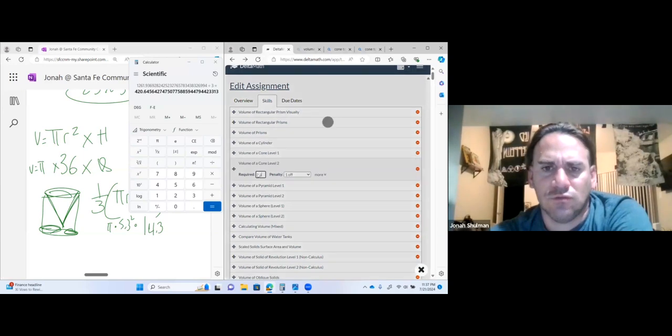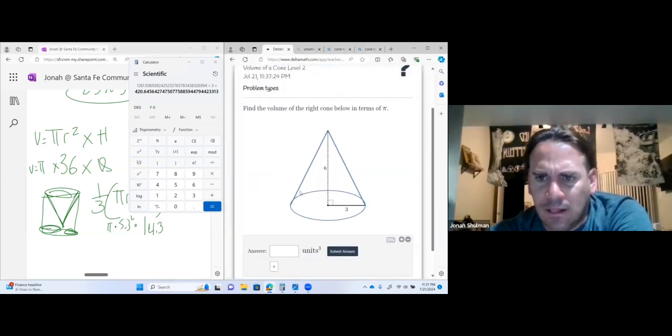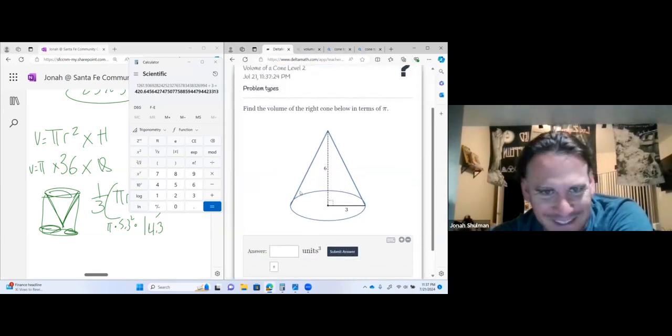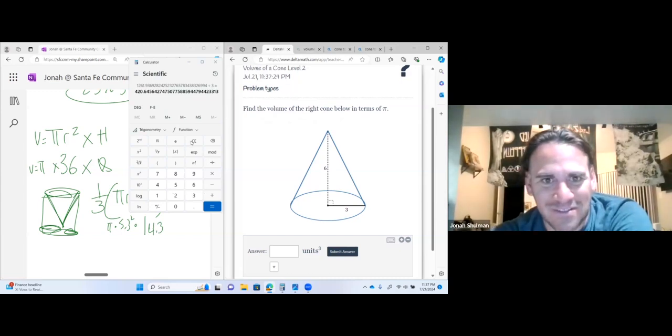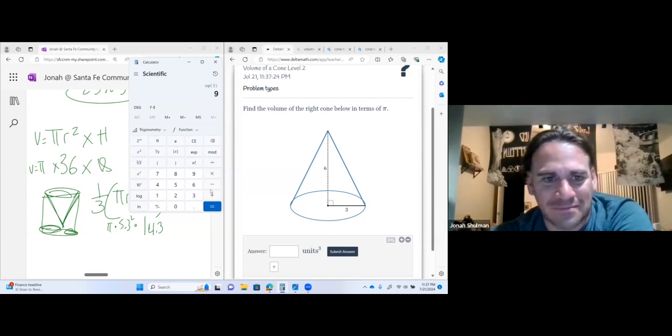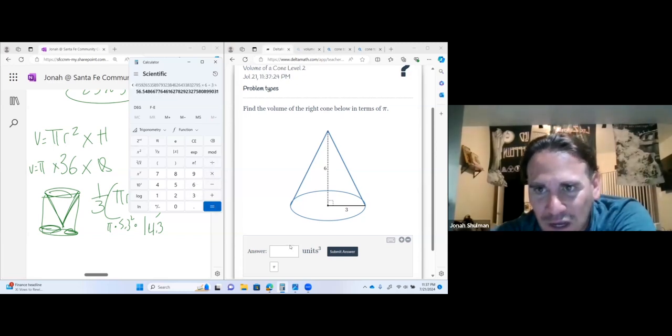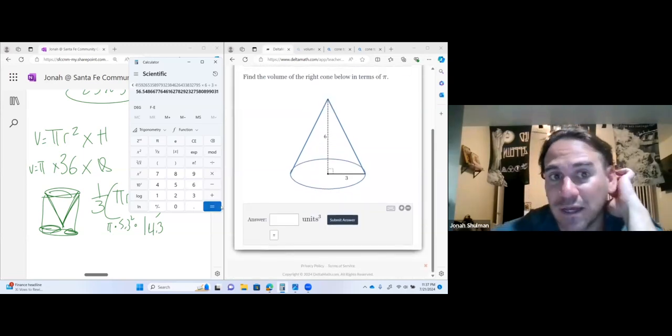Let's do a level 2. Okay, level 2 is real easy. I don't know why, so let's do it. So it's 3 squared times pi times 6, and then we just divide it by 3. So we could have just times it by 2. Oh, it's in terms of pi.